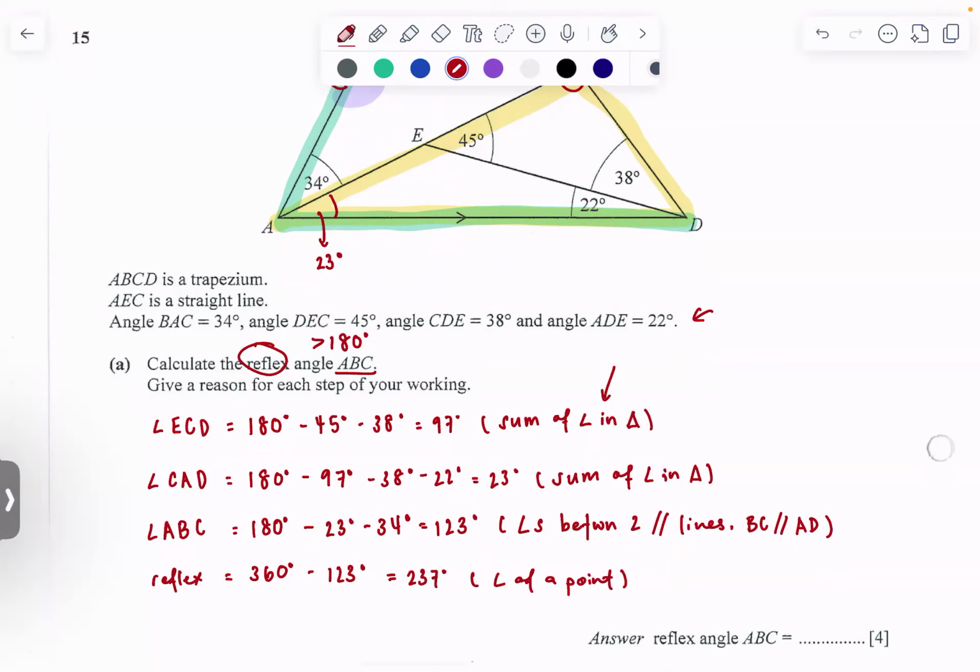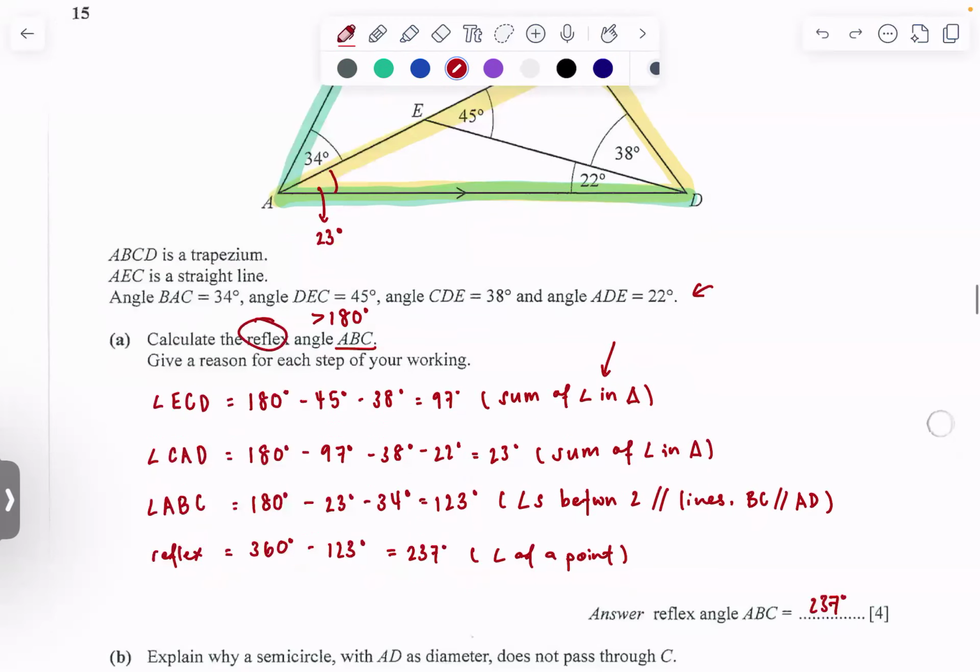Okay? So better to be safe than sorry. So just write all of the reasonings that you know, which is this is 237 degrees. Okay? Yeah, and they ask you to give a reason for each step of your working. So you have to give.